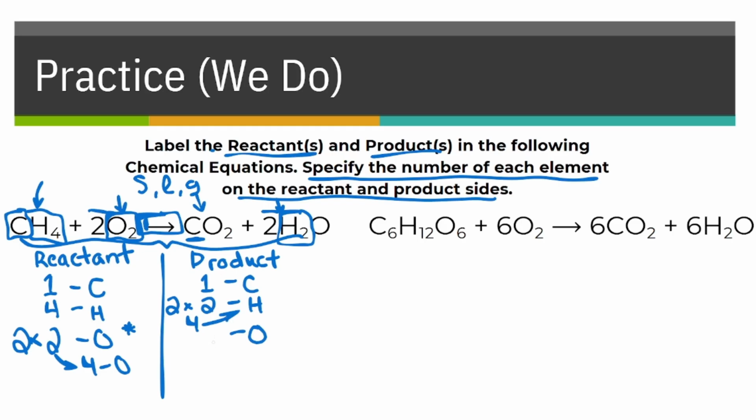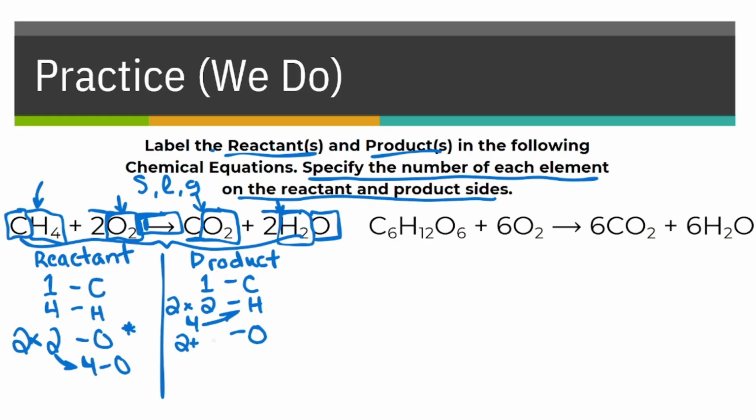Last piece that I've got to solve. In this situation, I need to count up the total amount of oxygen, but it's in 2 places. I have it in my water molecule, and I have it in my carbon dioxide. So we're going to do a little bit of addition. I know I have 2 atoms in the carbon dioxide molecule, given the fact that there's a subscript of 2 to the bottom right corner of my oxygen.